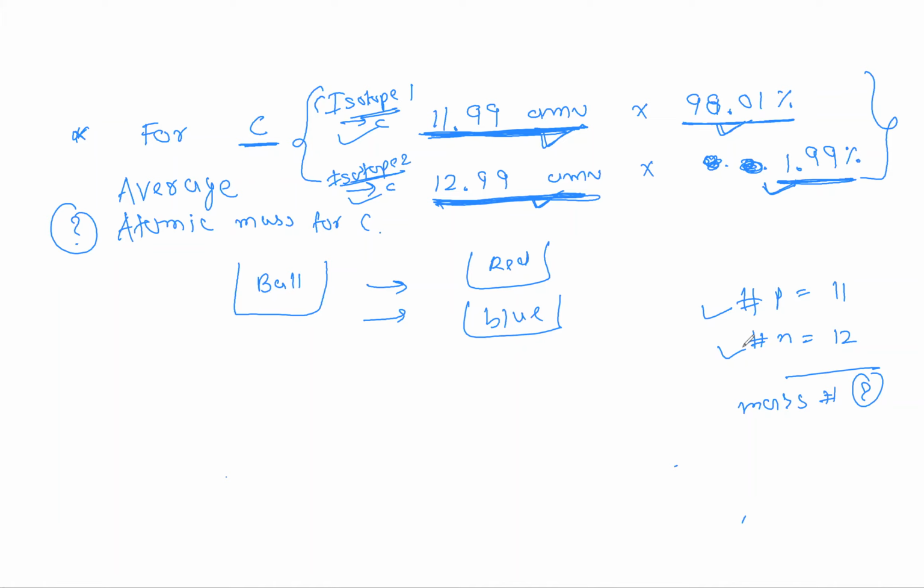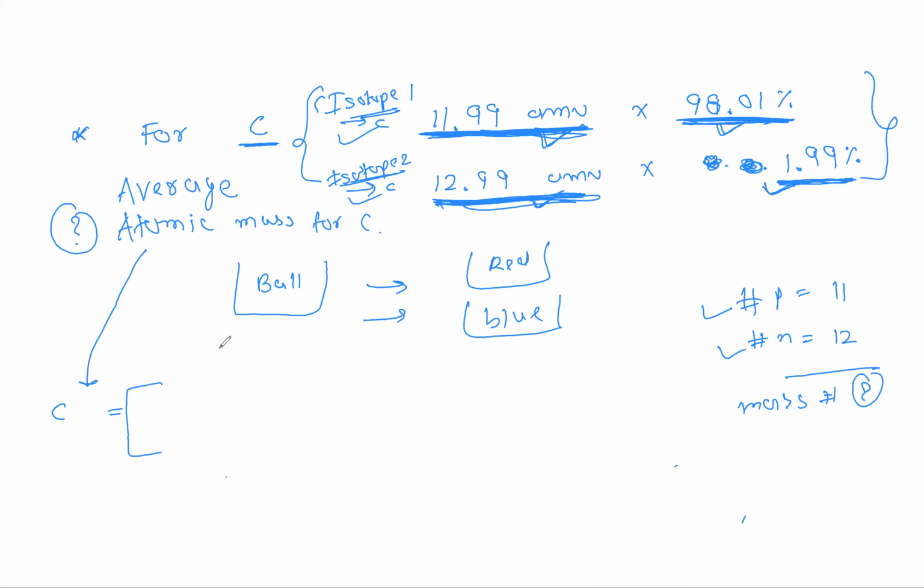And what we have to do when we calculate the average atomic mass that you see in the periodic table, we have to consider all this information, the information that I just wrote down here. What does it mean? So for carbon, to find out the average atomic mass, what do we have to do?